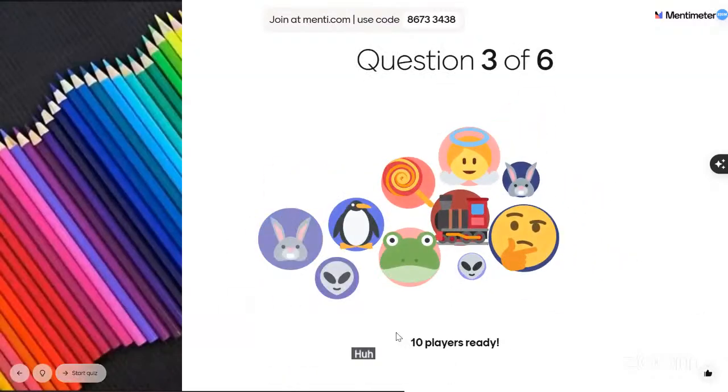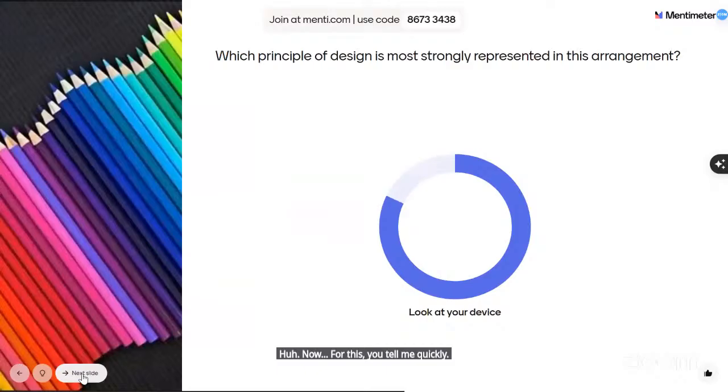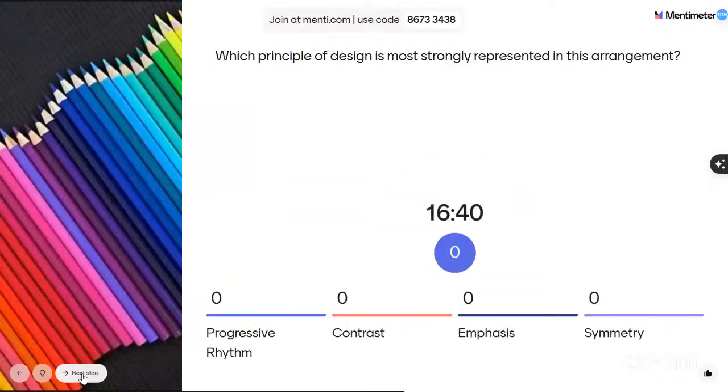Now, for this, you tell me quickly. Which design principle is most strongly represented in this arrangement?